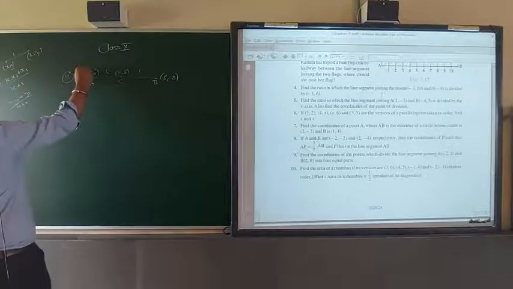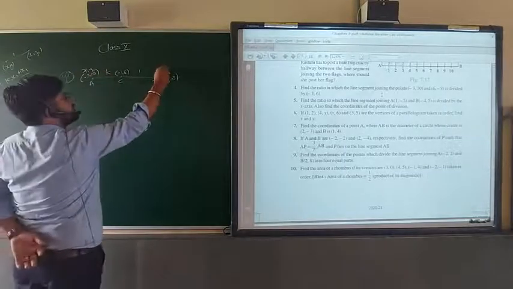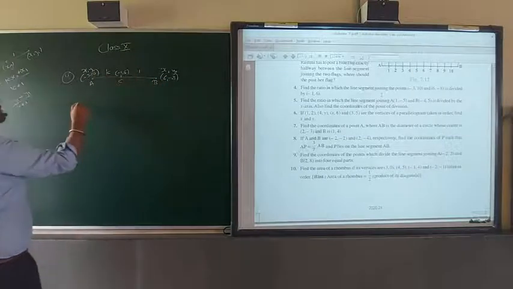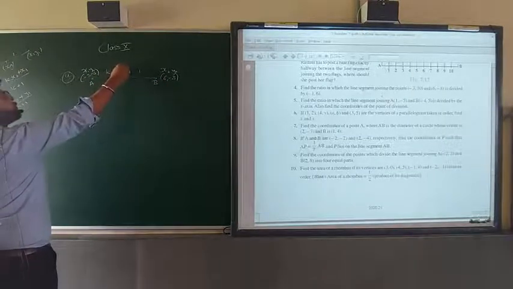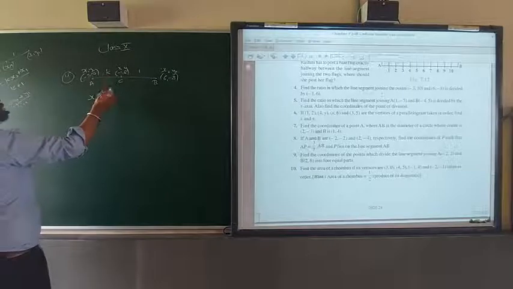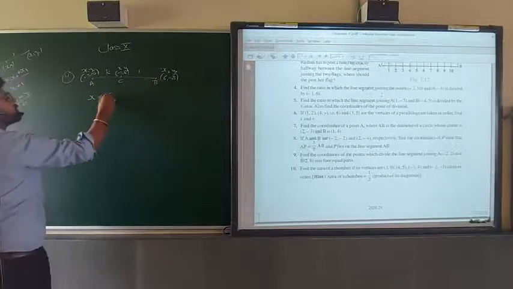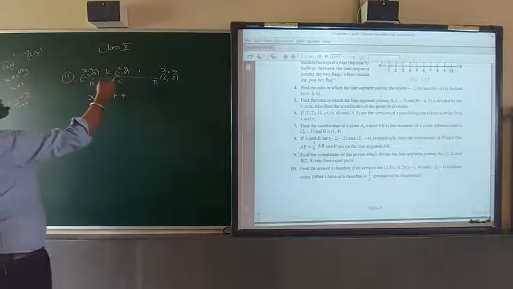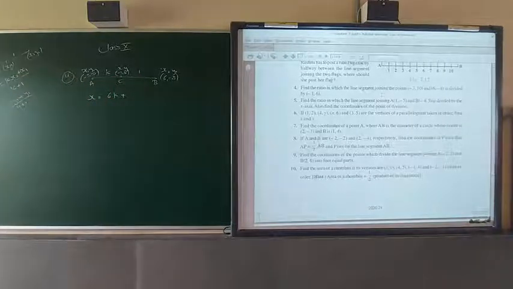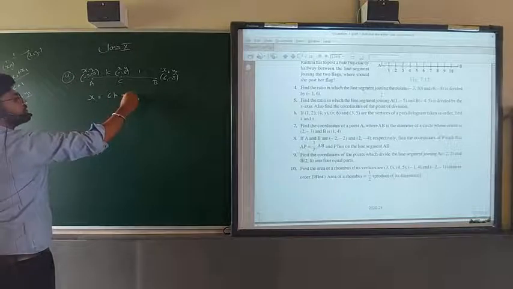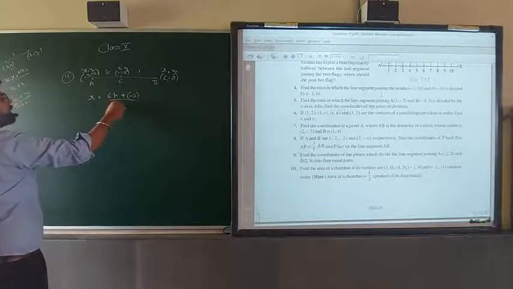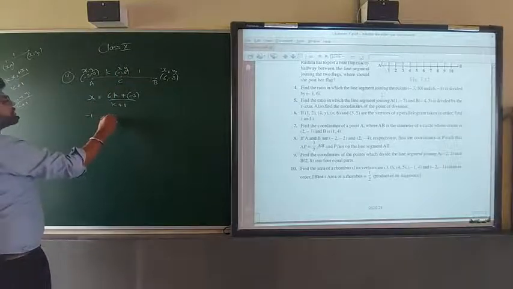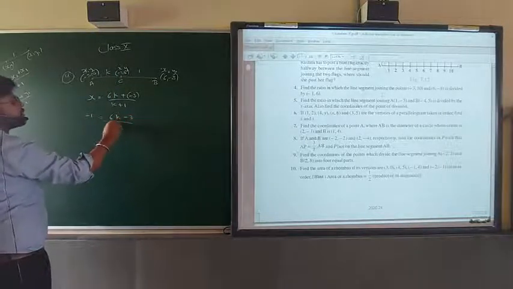This one will be x1, y1 and this one will be x2, y2. Now kx2 means 6k plus x1, x1 is minus 3, upon k plus 1, and the value of x is given in the question, minus 1.